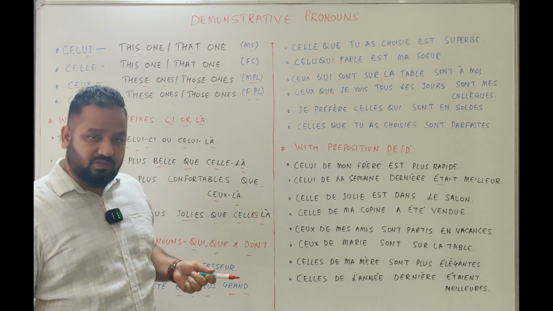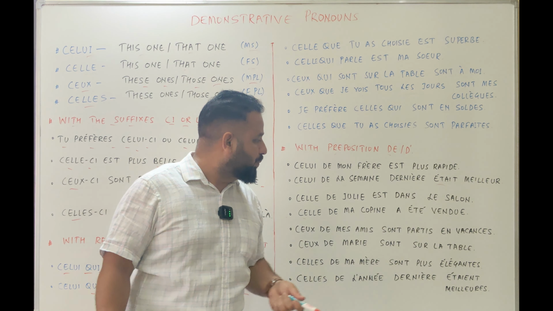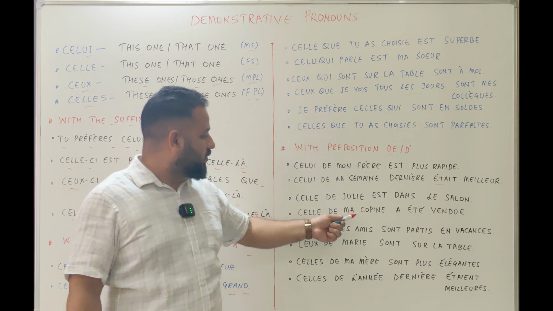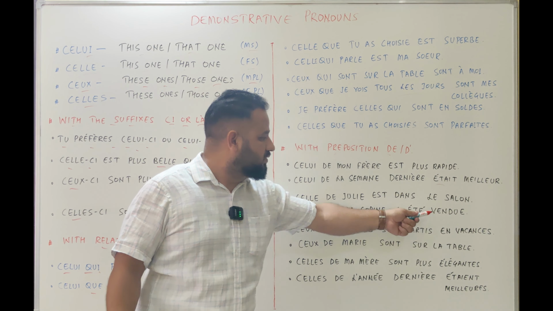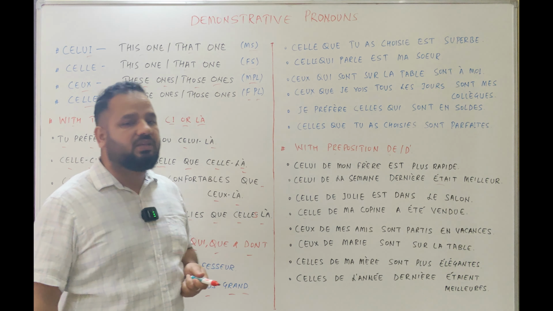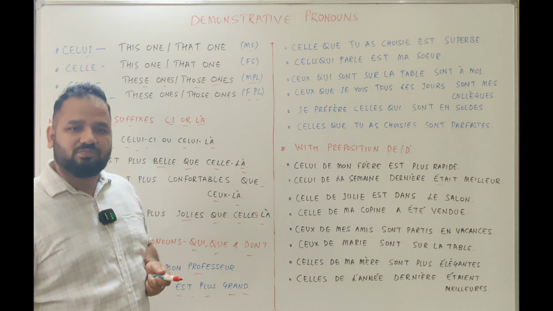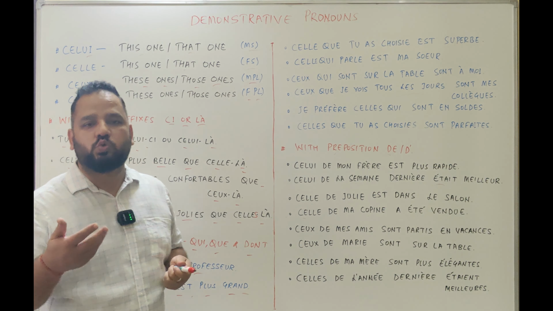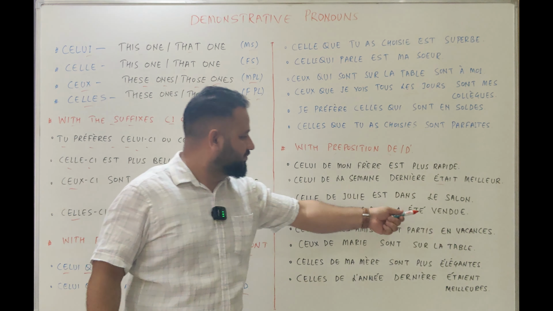This is all feminine singular. Celle de ma copine a été vendue. My friend's one has been sold. Celle de ma copine a été vendue. Past form.